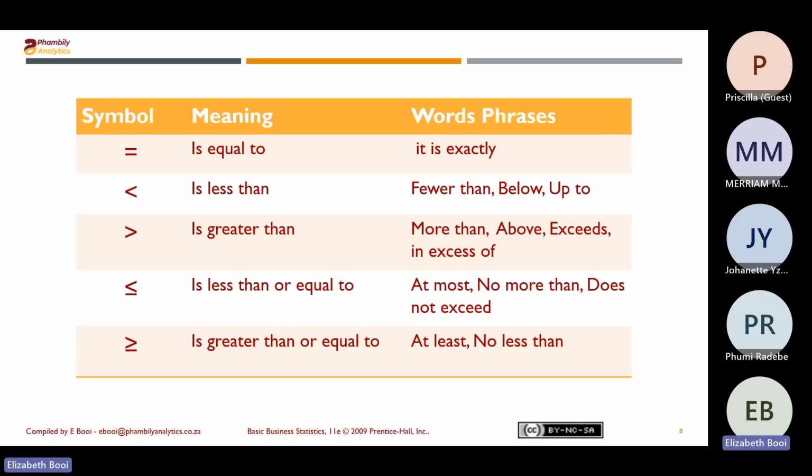Always remember, when we do hypothesis testing, especially when we put the sign in the alternative, remember the symbols. Symbols are very important. Remember the meaning. How they ask you a question, they can put it in a word phrase. Remember those word phrases. What exactly does fewer than mean? What does below mean? What does up to mean? What does more than mean? What about above, exceeds, in excess, at most, no more than, does not exceed, at least, no less than?